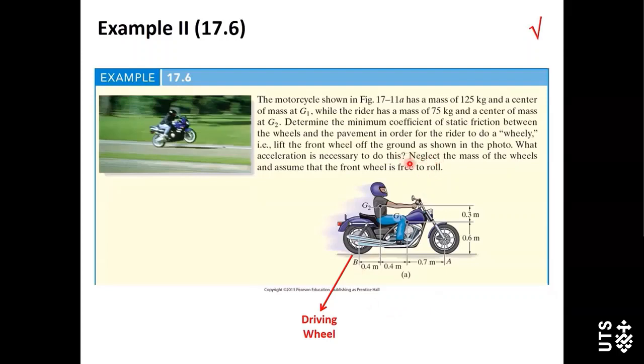And here we are told the mass of the wheels can be neglected, and we assume the front wheel is free to roll.